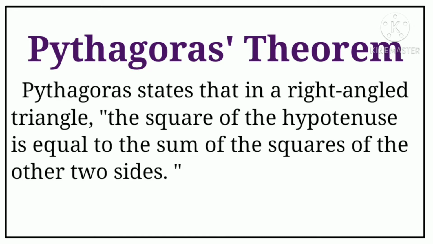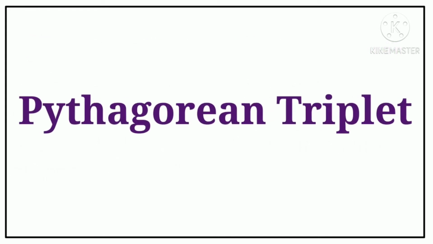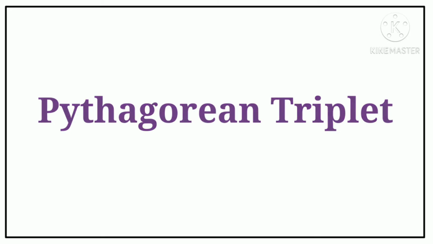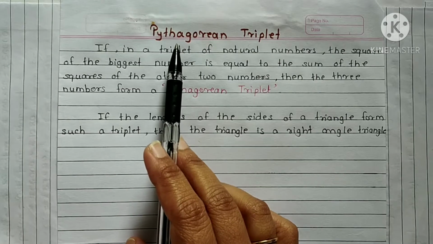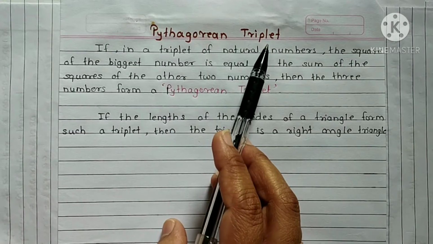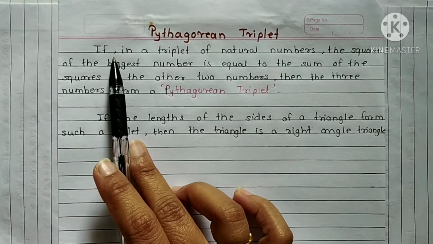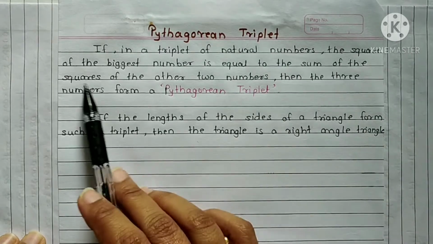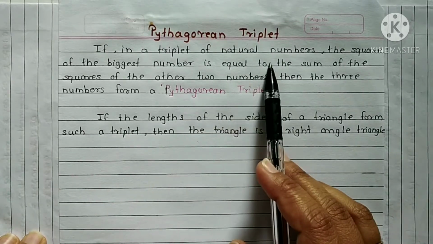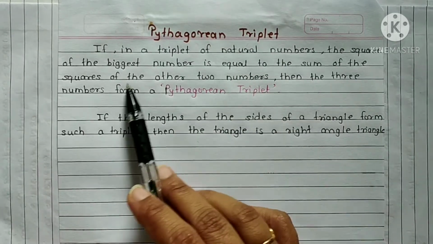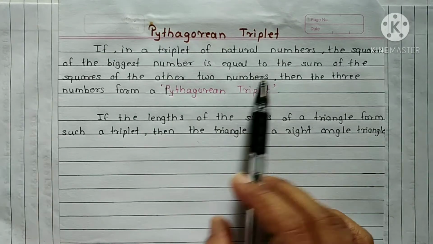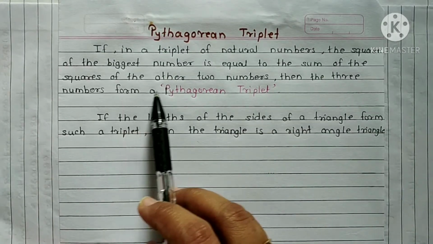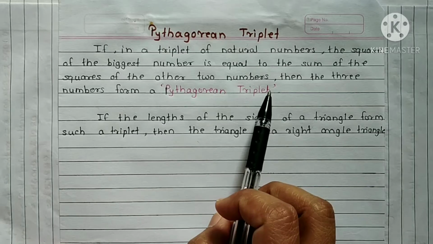Now today we are going to learn about Pythagorean triplet. First, understand what is meant by Pythagorean triplet. If in a triplet of natural numbers, the square of the biggest number is equal to the sum of the squares of the other two numbers, then the three numbers form a Pythagorean triplet.